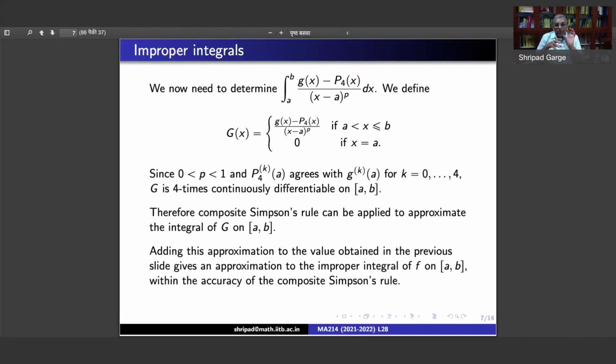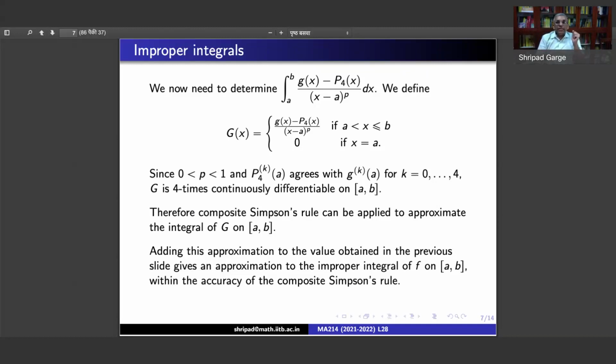You will have to compute the various values of G at various points within a and b, and write them with the corresponding coefficients. There will be some particular constant outside, and that will give you an approximate value using the composite Simpson's rule. You add that to the value that you had already obtained for the integral of P4(x) upon (x minus a)^p, and you have an approximate answer for your integration of the function f.